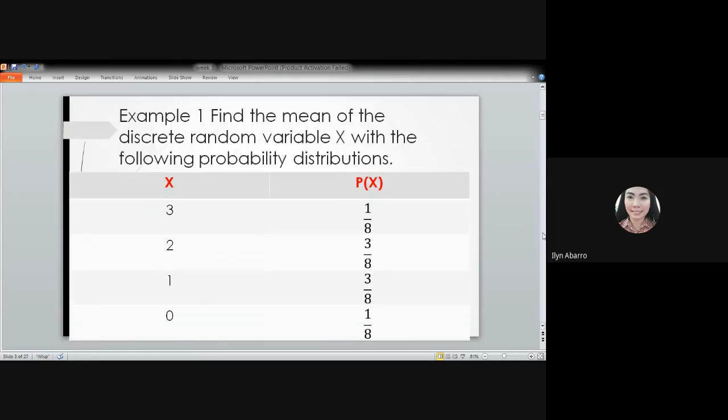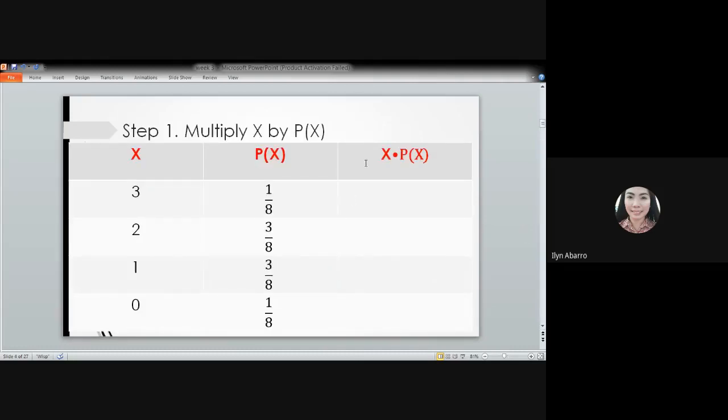Okay? So, let us proceed. We will multiply x, ito yon, yung random variable x, and then imumultiply natin siya into the probability of x. P of x, ito yon. So, it means that we're going to multiply column 1 and column 2.